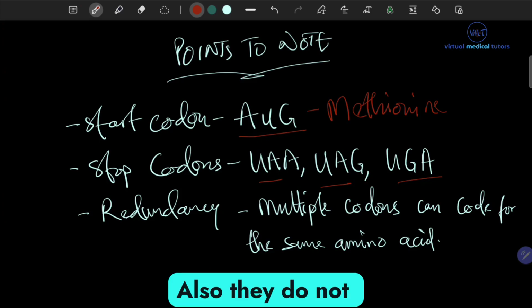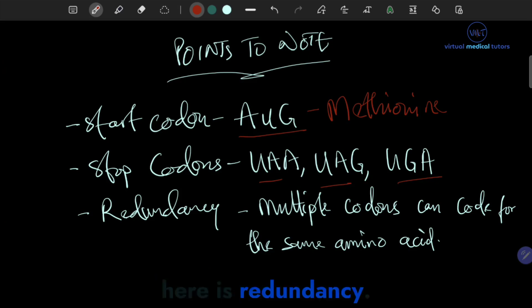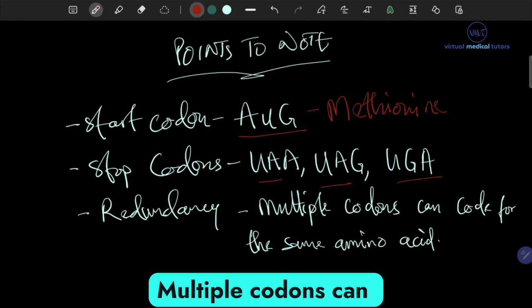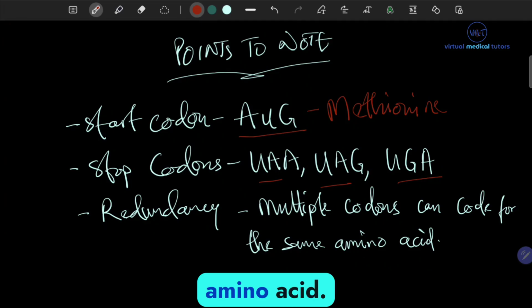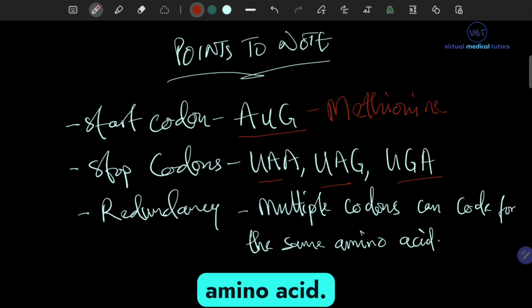Also, they do not code for any amino acid. Hence, that is how the ribosomes know to stop protein synthesis. The third point I have here is redundancy. Multiple codons can code for the same amino acid. As I've said before, there are 64 possible codons and 20 amino acids. This would mean that multiple codons can code for the same amino acid.